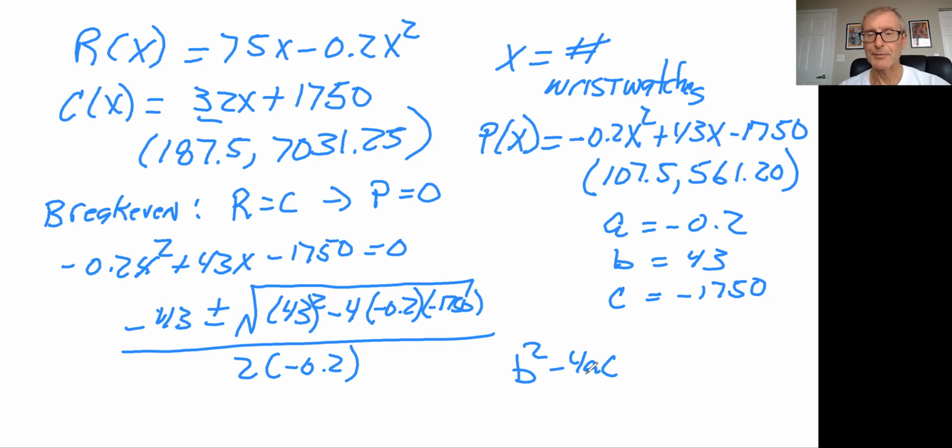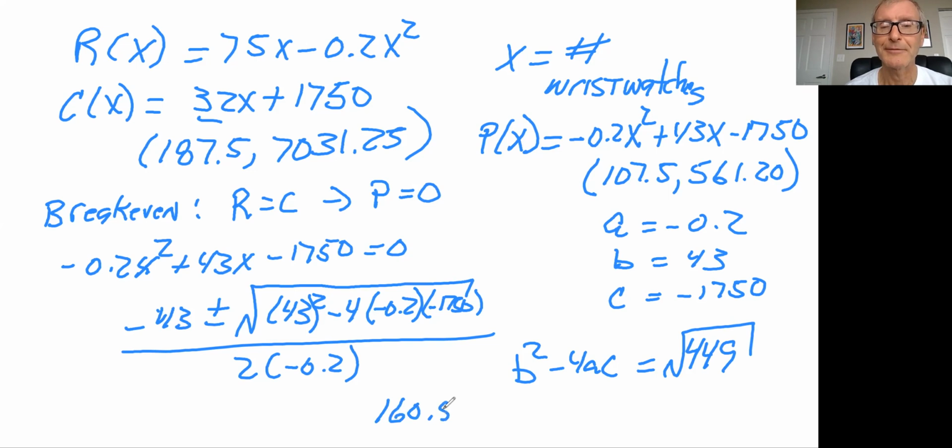So it looks like what's underneath the square root would be 449. And you say to yourself, okay, I have a positive, so you would walk through the rest of the calculation. I'll leave that for you in your calculator to do, and I did it already. And you get 160.5 or 54.4. I'm sorry, 54.5.